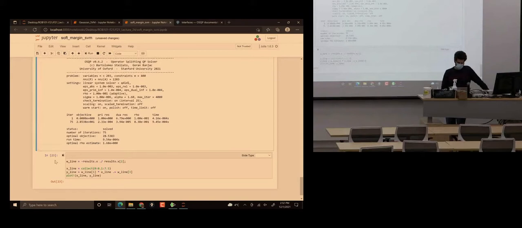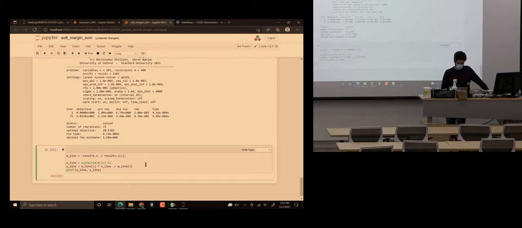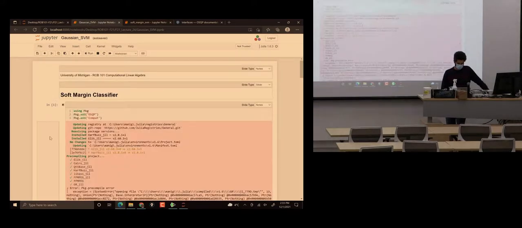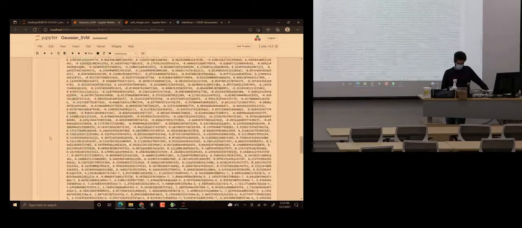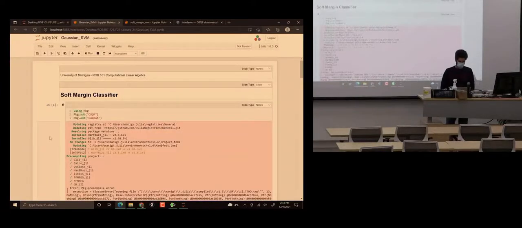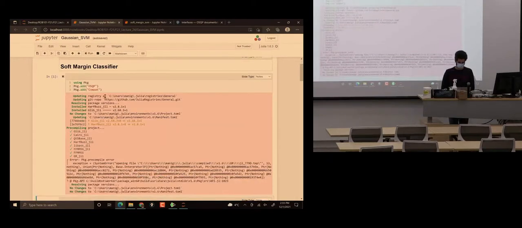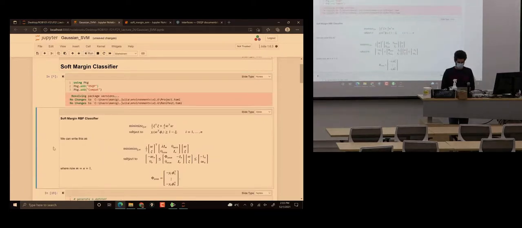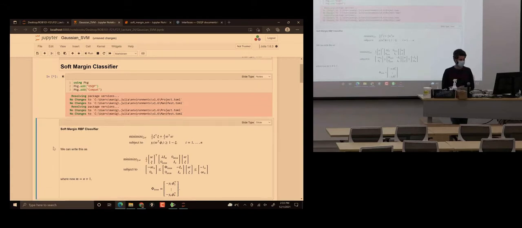So it's still fast. This is still a small problem. I probably won't be able to visualize it because I don't have the plot package. But we had the plots in the PDF, so it's the same thing. So this one is the SVM version, the Gaussian SVM.